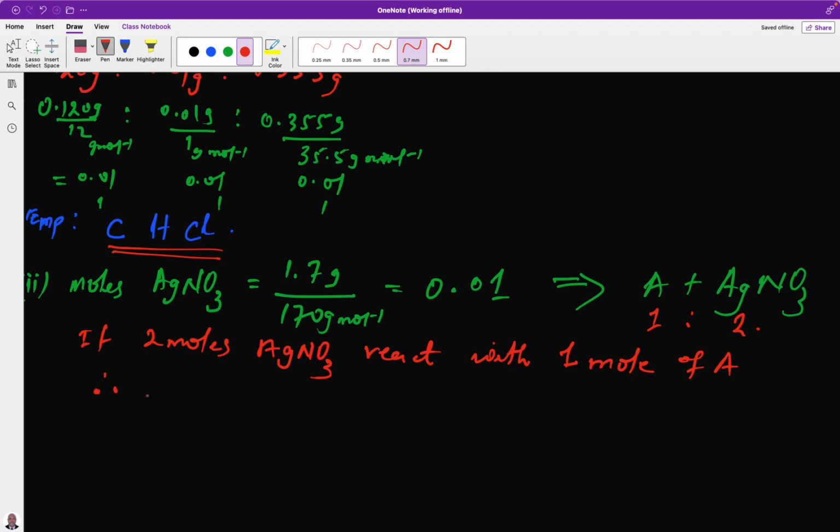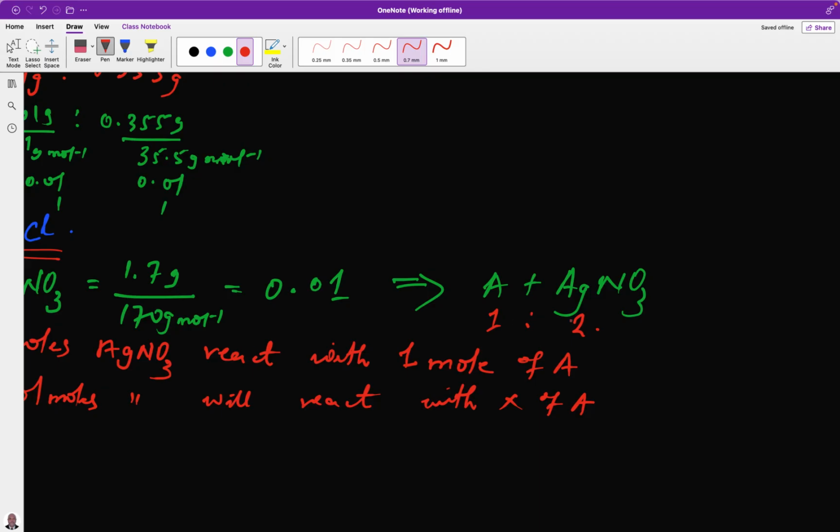Therefore, 0.01 moles of silver nitrate will react with X of A. Now, what will be the value of X?